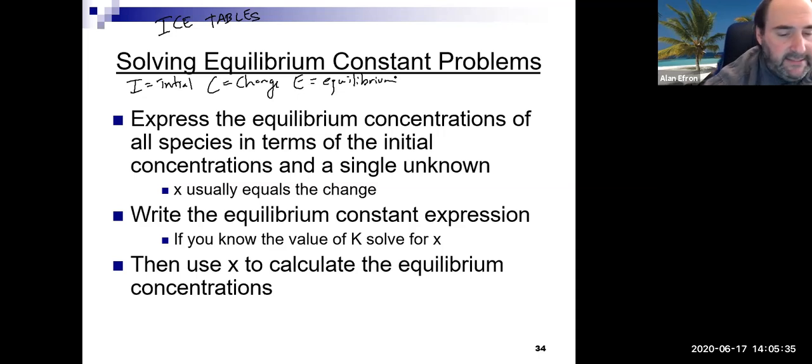So we use these ice tables to calculate the equilibrium concentrations of everybody when we're given the starting amounts, or the initial amounts, or if we're just given information about maybe the reactants and not the products and so forth. So you might be familiar with ice tables. They do teach it at the very, very end of Chem 3.